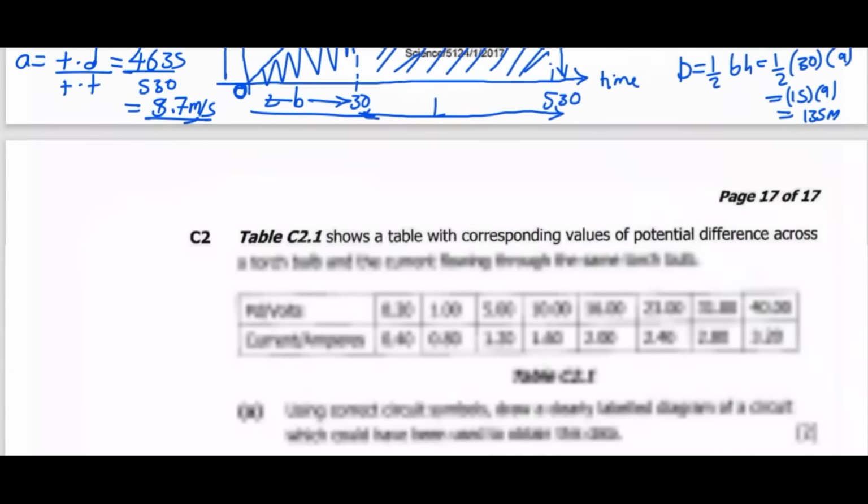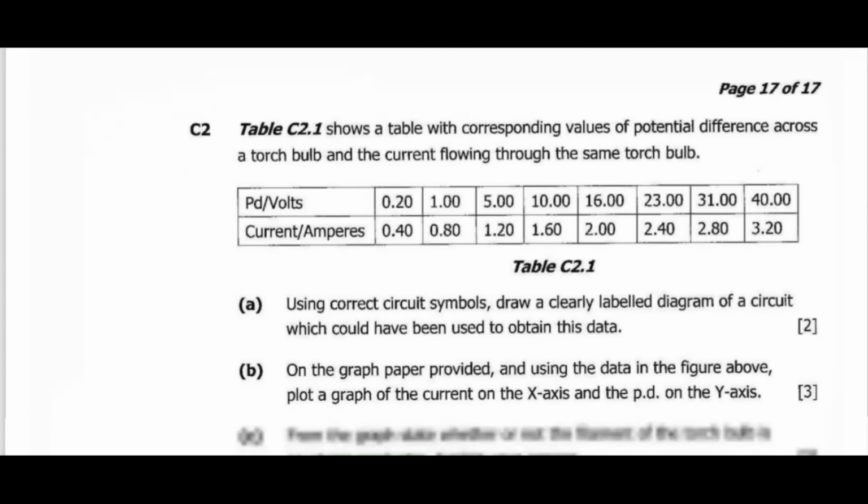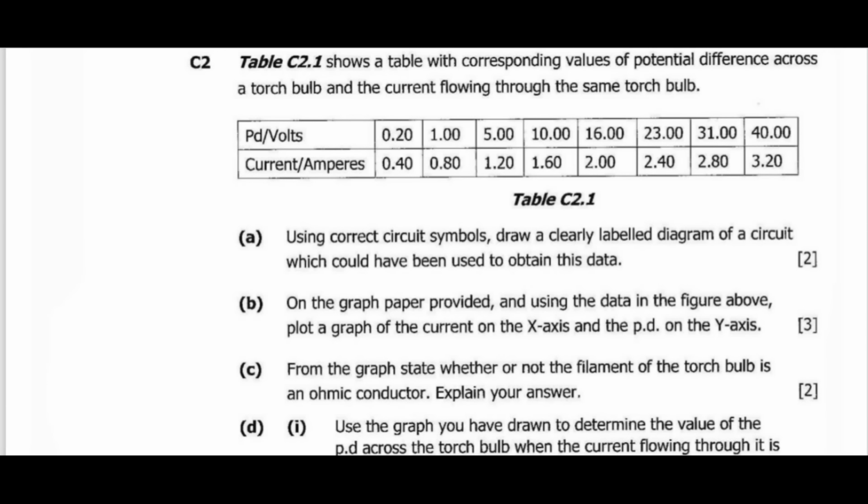So let's check question 2. Table C2.1 shows a table with corresponding values of potential difference across a torch bulb and the current flowing through the same torch bulb. Using the correct circuit symbols, draw a clearly labeled diagram of a circuit which could have been used to obtain this data.